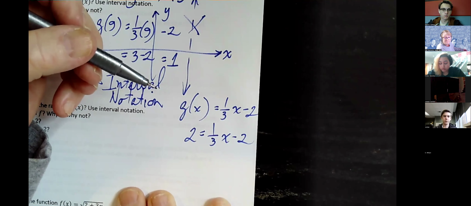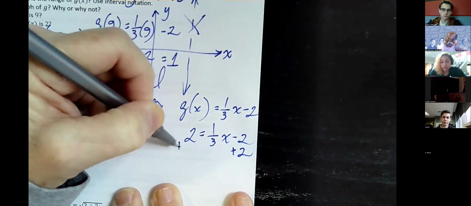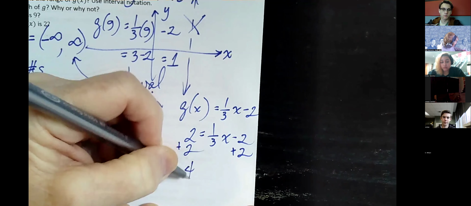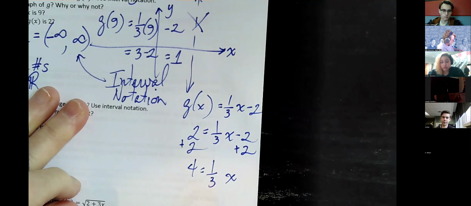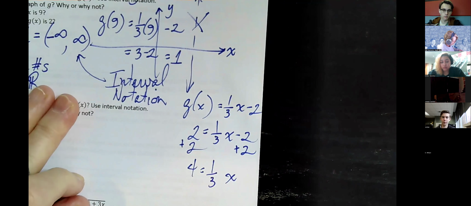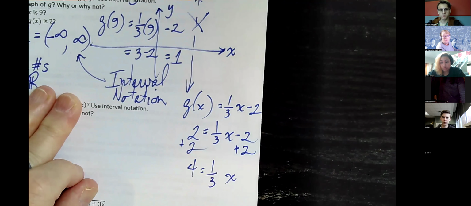Add 2 on both sides, and then multiply by 3. So we get 4 is equal to 1/3 x. What's the inverse of 1/3? 3/3.